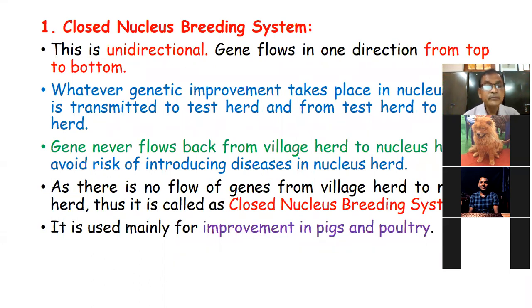That will take time. That's why generally this closed nucleus breeding system is used in case of pig and poultry. Pig and poultry use closed nucleus breeding system, and you know that the pig or the poultry is very sensitive.